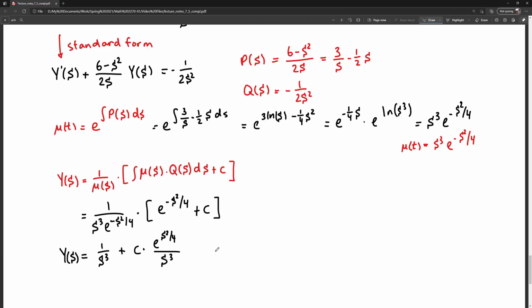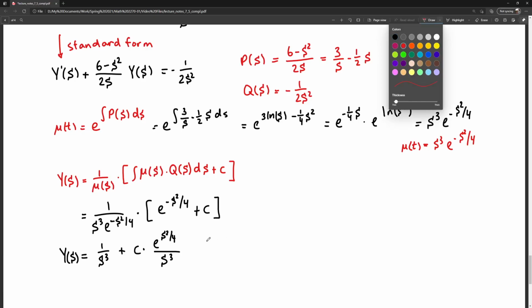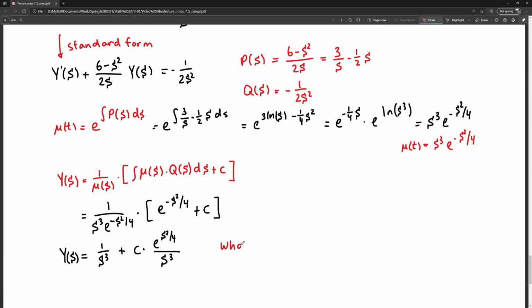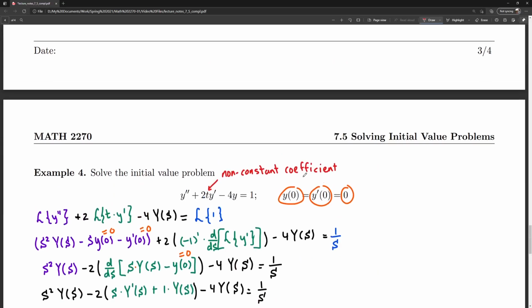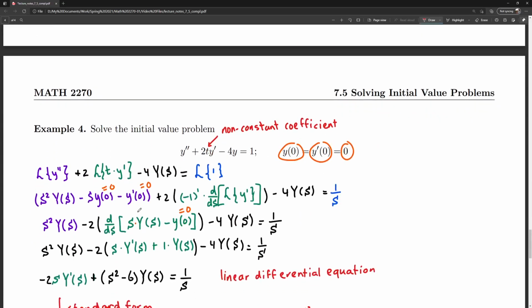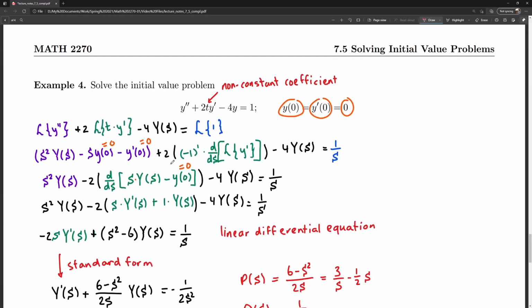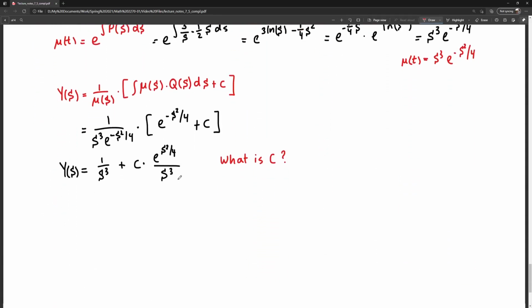And the big question now is, what is c? Normally we would use the initial conditions to figure out that constant, but we already used the initial conditions. Those initial conditions are baked in.